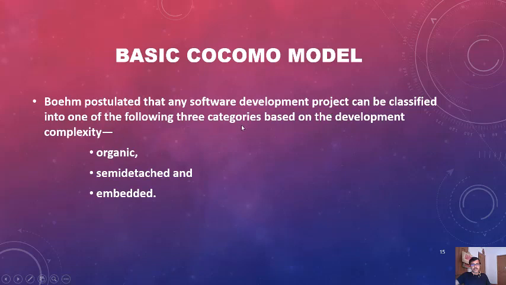Based on that, Boehm proposed that all software development projects be classified into three classes: organic, semi-detached, and embedded. So in the COCOMO model, an important model of software engineering for calculating software cost, first the software projects are classified into these three classes.